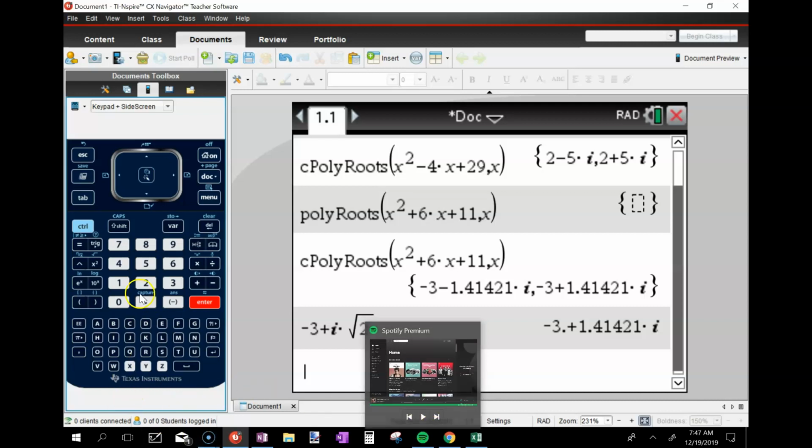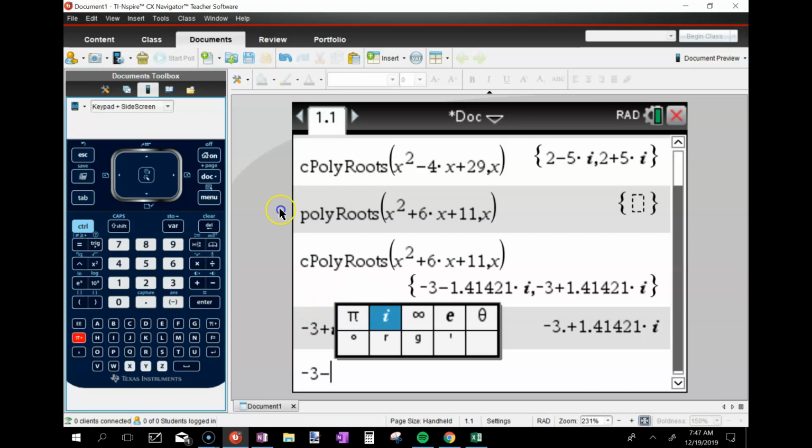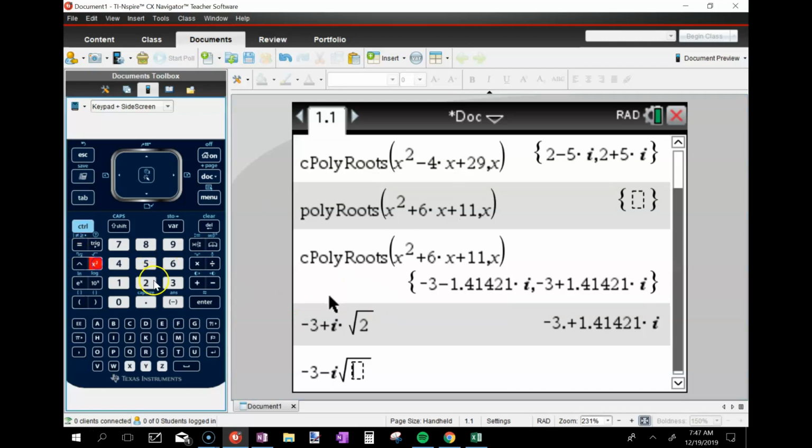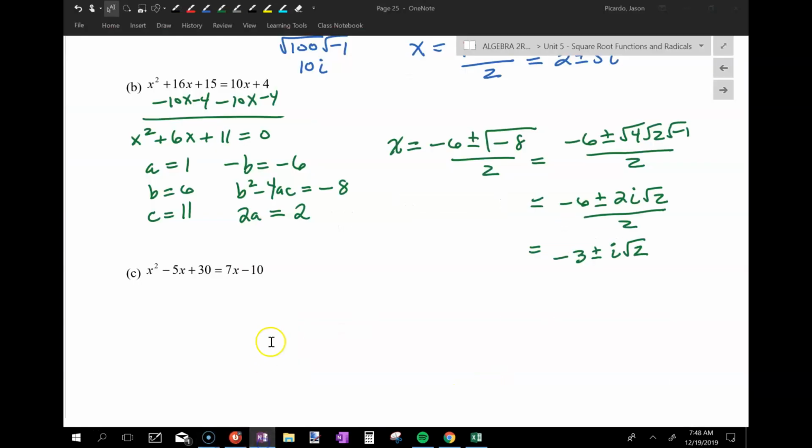It does, right? And then negative 3 minus I radical 2, does that match the other solution? Yeah, because it was negative 3 plus, and there they are, right? So again, calculator will help you check your solutions here, even if they're complex, and even if they're not nice ones. Go ahead and try that one below.